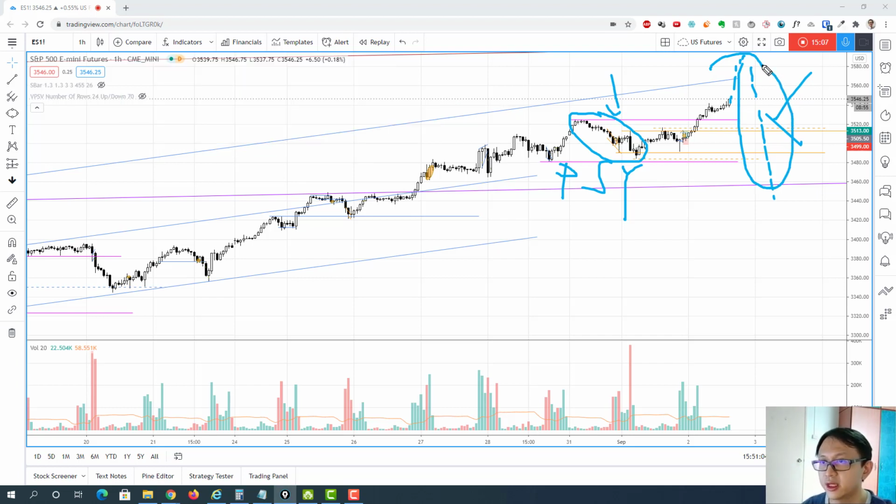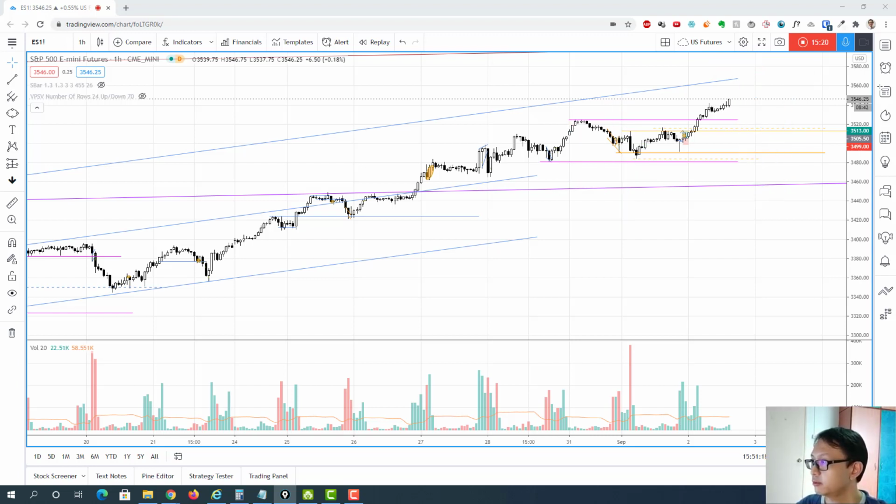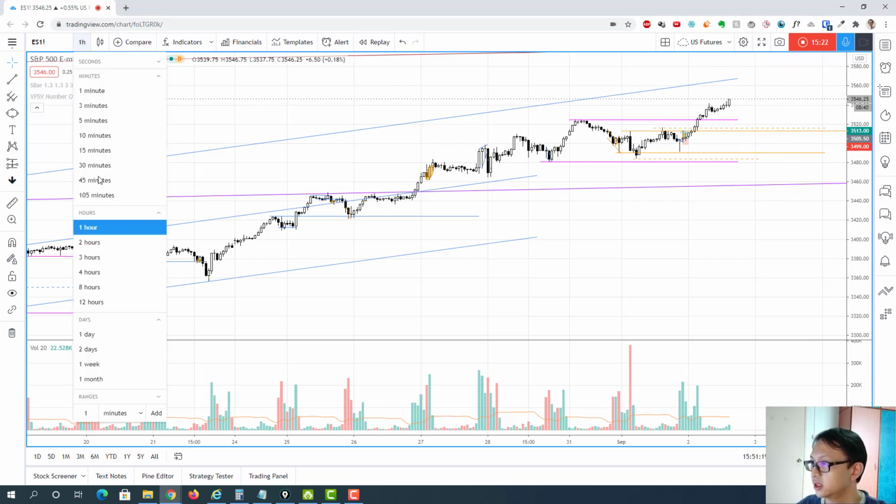Since we are entering into uncharted territory, definitely I think we'll be watching closely for a reaction to kick in. So if I zoom out a little bit here, maybe I will use the H4 time frame.